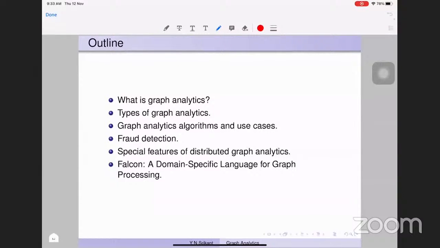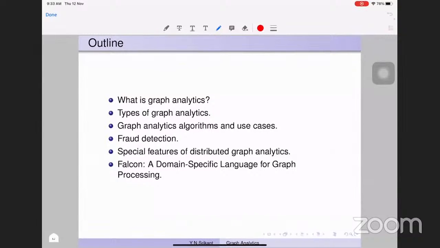And thereby there were lots of difficulties which led us to a PhD thesis. The last bullet shows Falcon, a domain-specific language for graph processing. So that's exactly how my connection with graph analytics began, maybe 7-8 years ago.